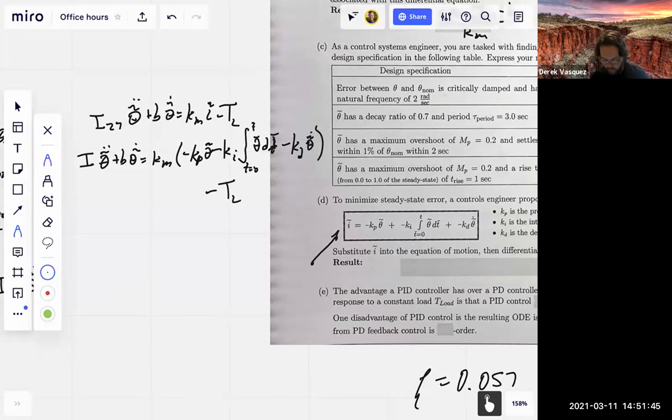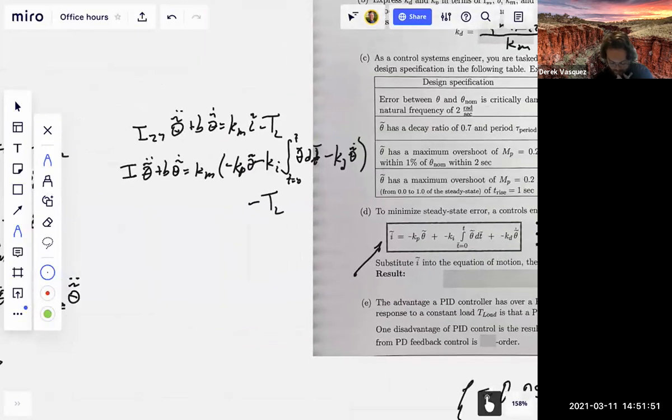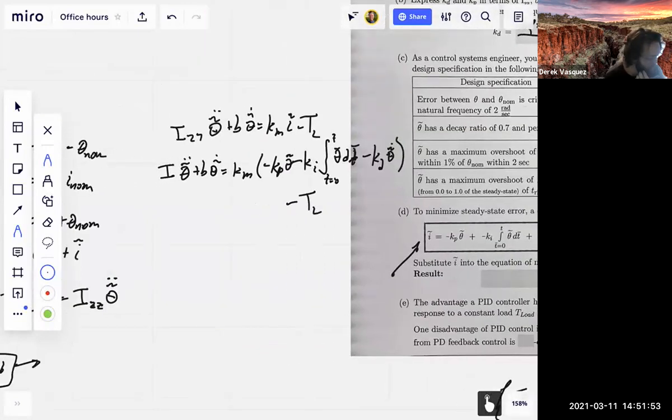So now we will go ahead. It says substitute I into the equation of motion, then differentiate it. So we're just going to take the time derivative. So we have I theta tilde triple dot plus b theta tilde dot equals k_m, and we just have k_m multiplied in. We take and scale a derivative, the derivative is the same.